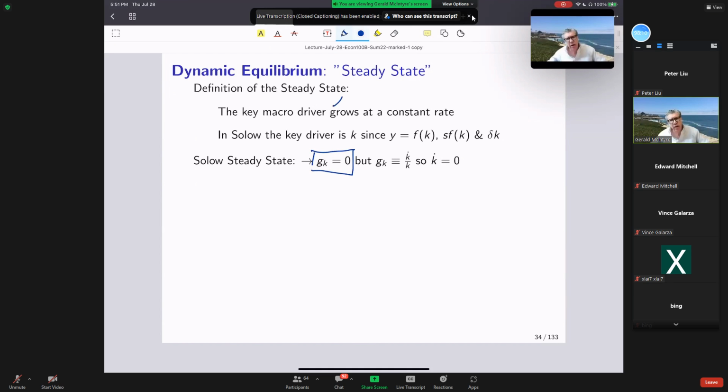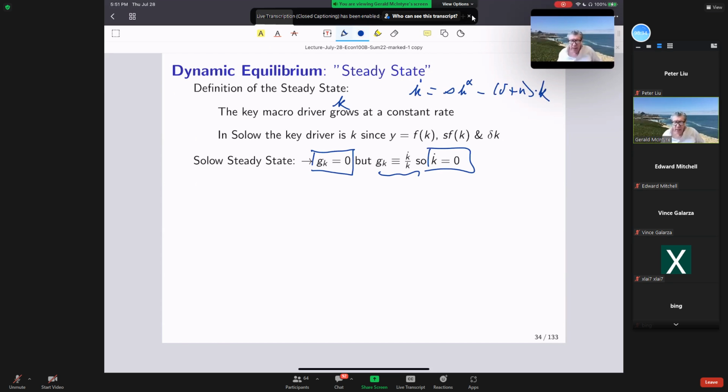The key driver is small k. So let the growth rate of small k be equal to zero. We know the growth rate of small k is k dot over k. If that's got to be zero, it must be the case that k dot is equal to zero. And recall, we know that k dot from the previous slide is s times k to the alpha minus delta plus n times k.